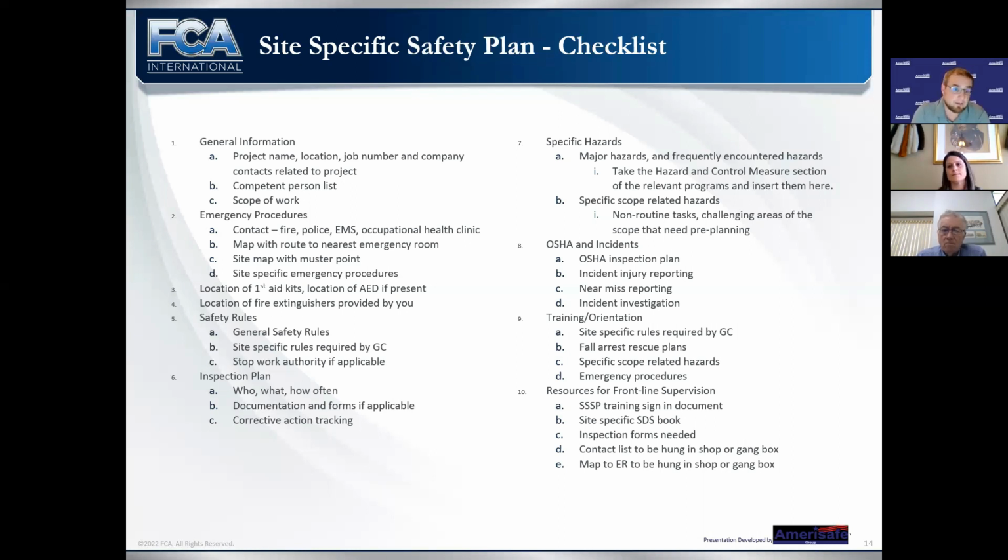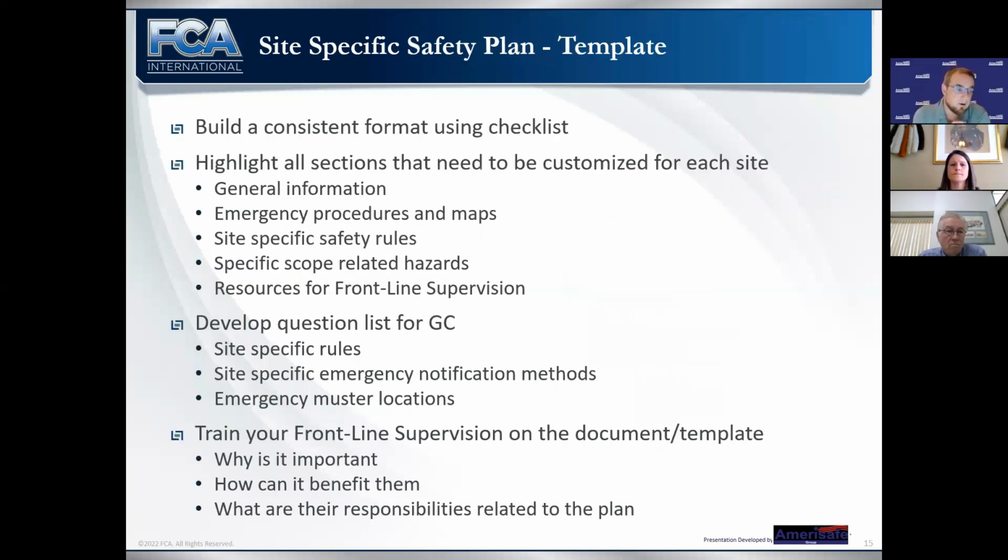Hopefully less than 80, right? But have that information that you need. It's a lot of work to put together 80 pages or 60 pages or even 40 pages of a site-specific safety plan. So the question is, what can we do to make it more effective? We build a template.